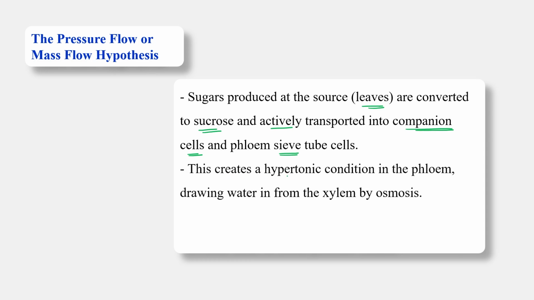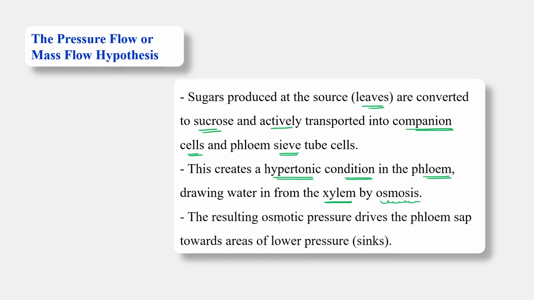Okay, and this creates a hypertonic condition in the phloem, meaning solute concentration is more as compared to solvent, which draws water from the xylem to the phloem sieve tube through the process of osmosis. So very quickly the phloem sieve tube accepts water from the xylem via osmosis, which results in osmotic pressure driving the phloem sap towards the area of lower pressure, meaning the sink area.